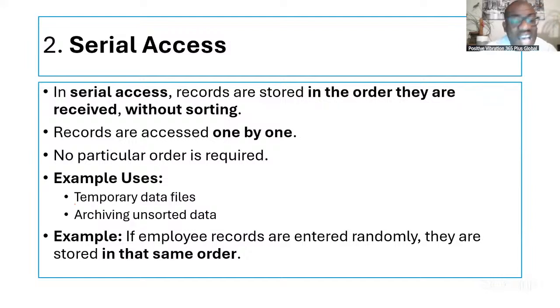So the last file that is submitted is accessed first. Another example could be where employee records are entered randomly. They are stored in that same order, and so the files are accessed in the order that they were entered, all right?